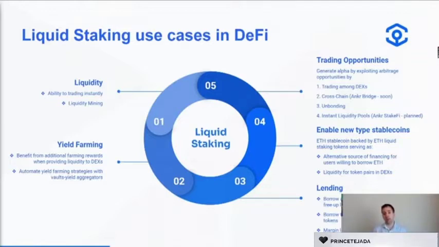There are also use cases about stablecoins. As I said, the borrowing interest is likely going to increase and converge towards staking rewards, potentially even being more expensive to borrow than staking rewards. So it is important to have an alternative source of financing to fuel lending activities related to liquid staking. We thought that a stablecoin backed by liquid staking tokens makes a lot of sense.